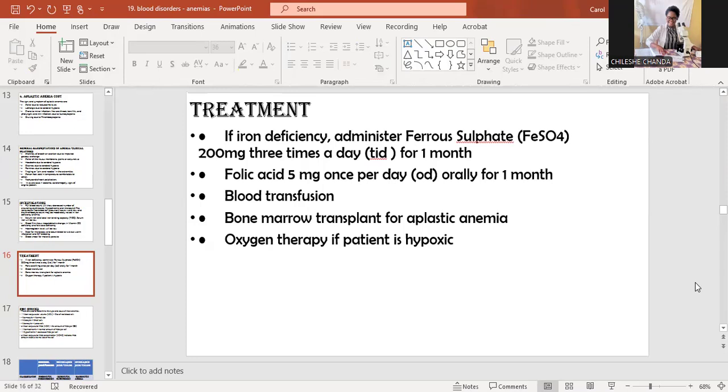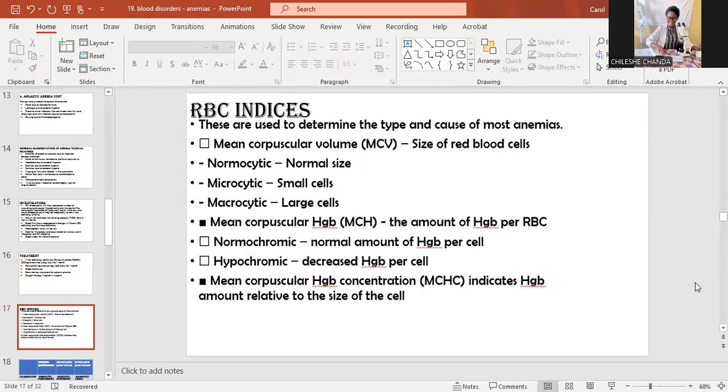You give oxygen. Remember, the patient is hypoxic, so you want to give oxygen in order to help with the provision of oxygen to all body parts. Okay? You can administer iron, which is ferrous sulfate, 200 milligrams 3 times a day for 1 month.